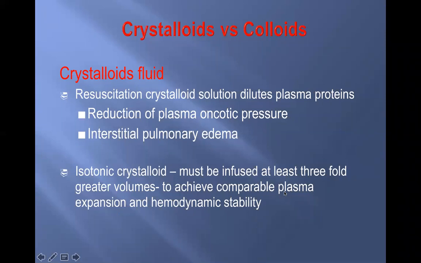If we classify the extracellular compartment into 1/3 intravascular and 2/3 interstitial, only half a liter will stay within the intravascular compartment out of 1.5 liters, and 1 liter in the interstitial compartment. So we have to infuse 3-fold greater than the lost volume from the intravascular compartment to be replaced.